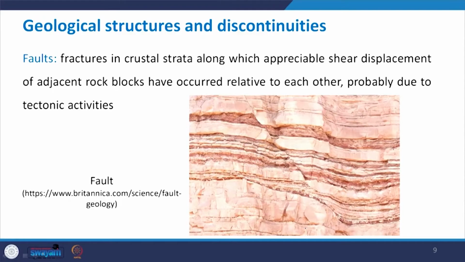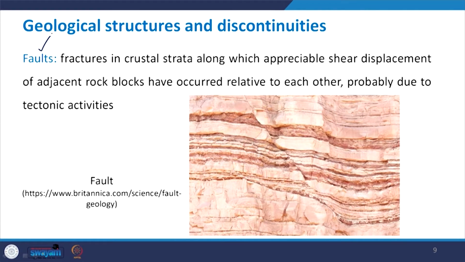Coming to the next geological structure, which is the fault. So, basically these faults are the fractures in crustal strata along which appreciable shear displacement of the adjacent rock blocks have occurred, which are relative to each other, and this may be probably due to the tectonic activities.